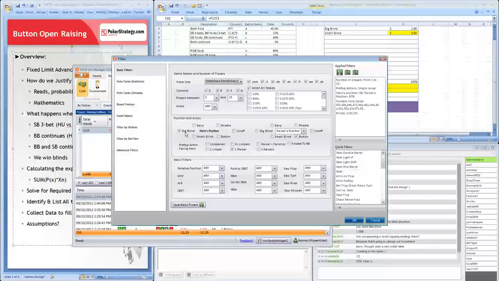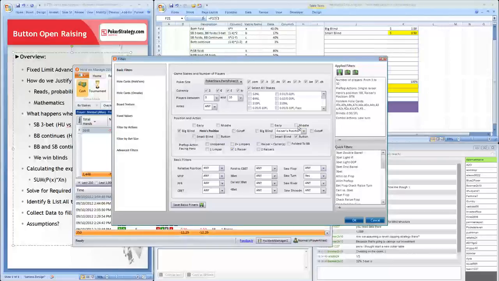We're in the big blind. Because what we want to do is look at the average pot size when faced with an open raise where saw flop equals true. The reason why saw flop equals true is important is because if we're looking at average pot sizes when our opponents continue to the flop, we also want to be looking at the average pot size from our data where that's true.